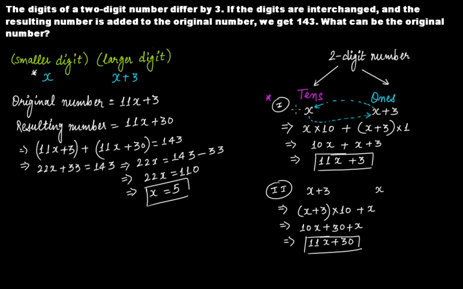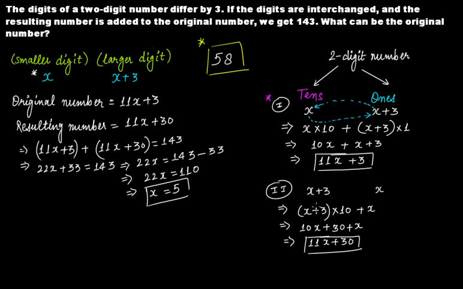So for this first case, when x comes as 5, what is at the tens place? 5, and at the ones place? 5 plus 3, that is 8. So for this first case, your number will be 58, right? Okay. If you follow this first subcase, your number is coming as 58.